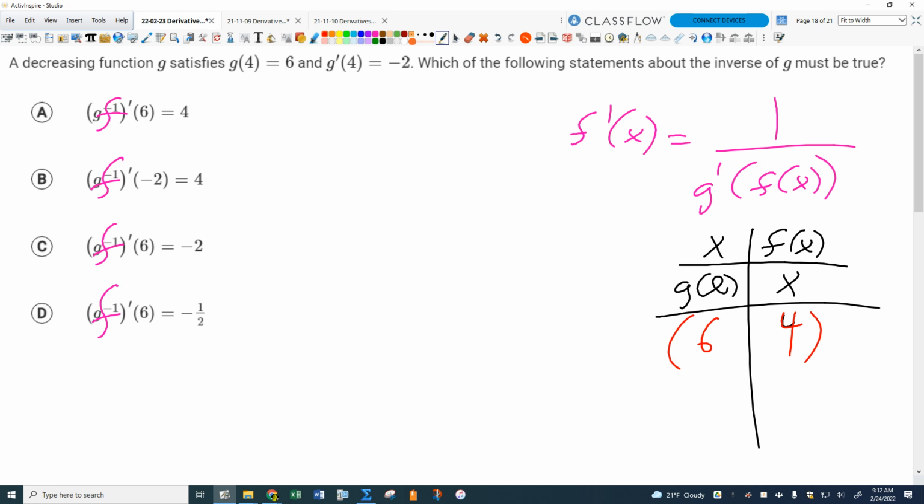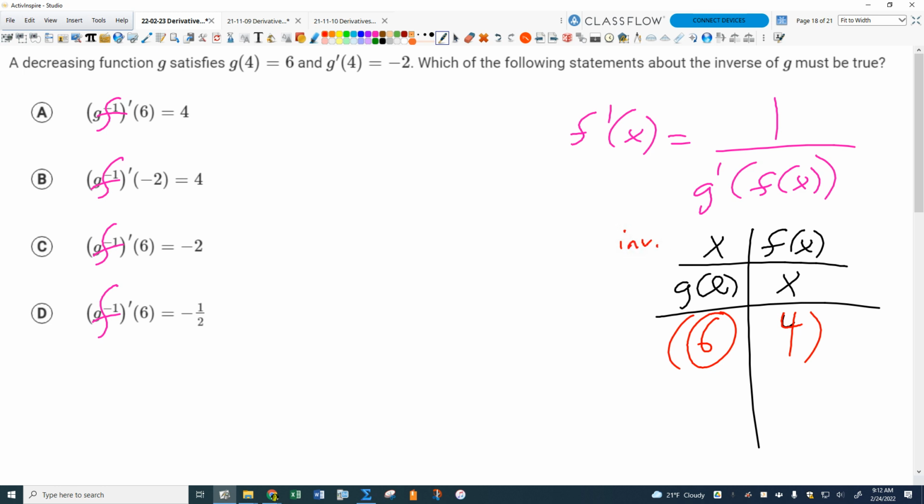If we want to calculate f prime, this one makes no sense. We could disqualify that, right? Why would we be inputting a negative 2 into the inverse? Negative 2 never shows up in our ordered pair. It's got to be a 6. We want to input a 6 into the inverse function.